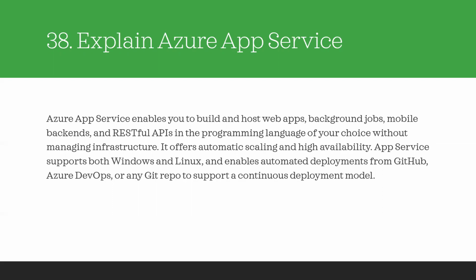Applications run and scale with ease on both Windows and Linux-based environments. App Service supports both Windows and Linux and enables automated deployments from GitHub, Azure DevOps, or any Git repo to support a continuous deployment model.